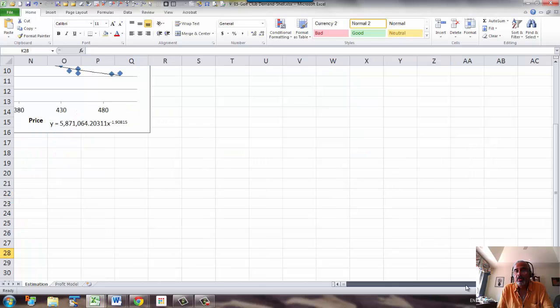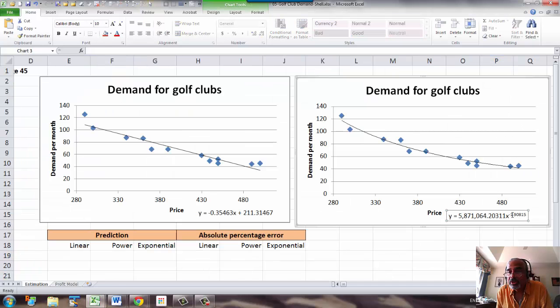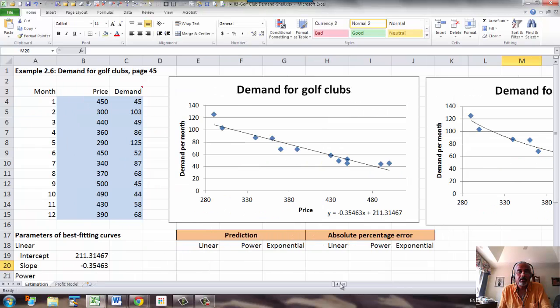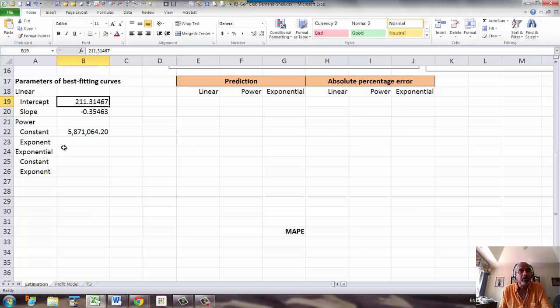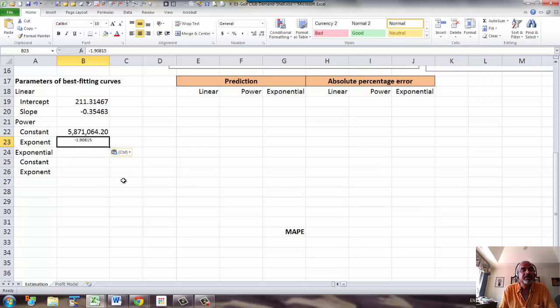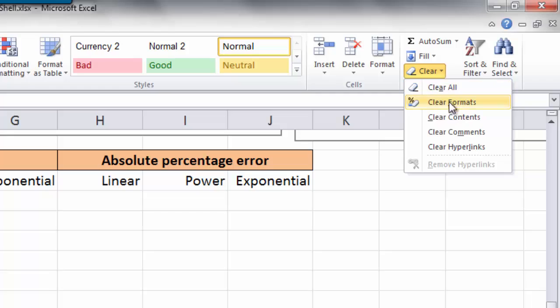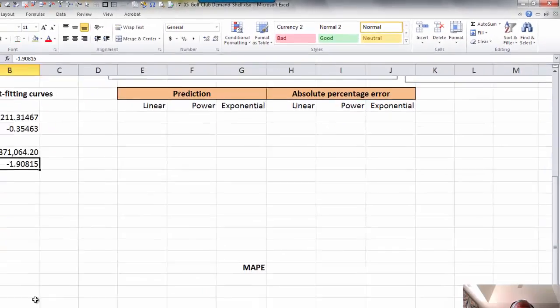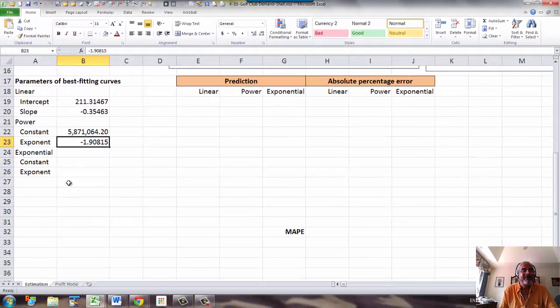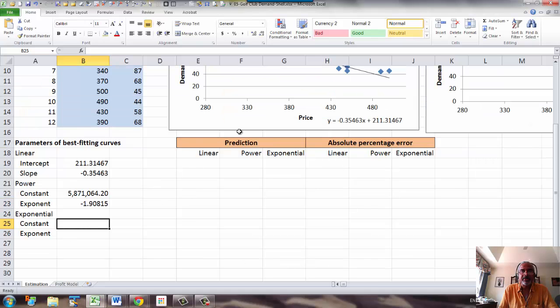And then the exponent, copy that, paste it there, and let's go ahead and clear the formatting so that it will show up properly. And we will do the exponential and set this up in the next video.